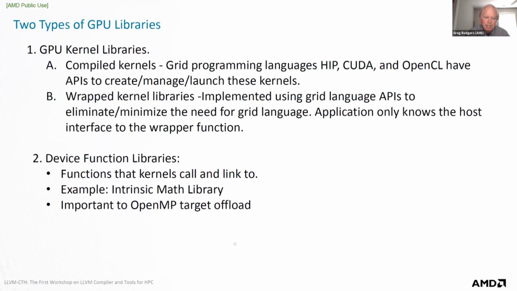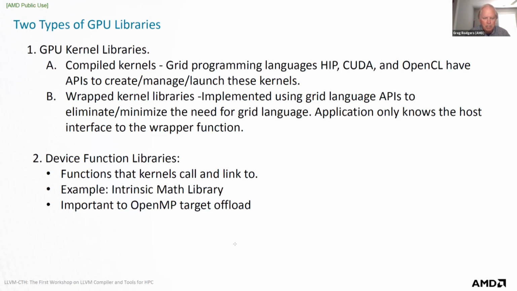But the other type of device library is what I'm going to call a device function library. I was just settling on a name for this thing. These are simple libraries or functions that kernels call or can link into. I wanted to call it a device link library, but the acronym was DLL, and that just didn't work. So Jan said, why don't we just say a device function library?